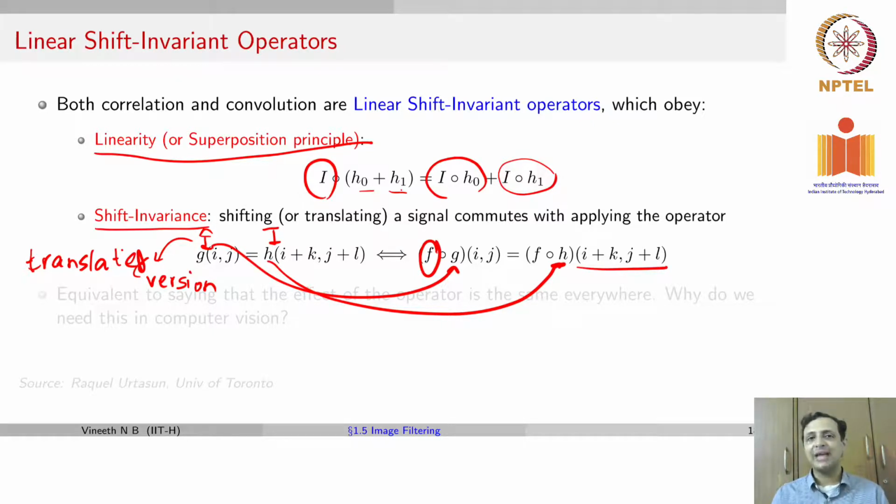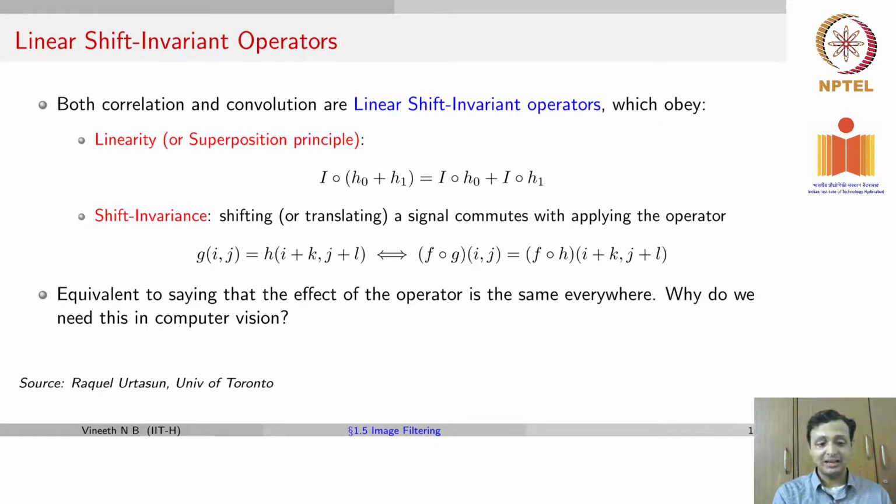If you have a cat at the left top of the image or a cat at the right bottom of the image, if you use a particular filter, it will give you the same output whether the cat is located at the left top or the bottom right. That's what shift invariance is, and that helps convolution induce translation invariance into any approach that uses convolution.